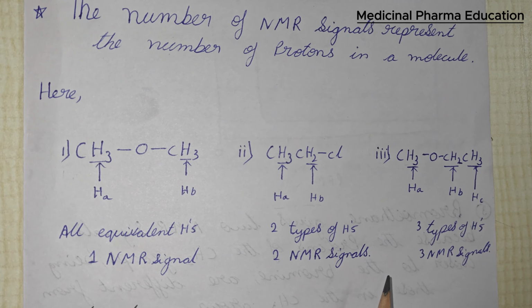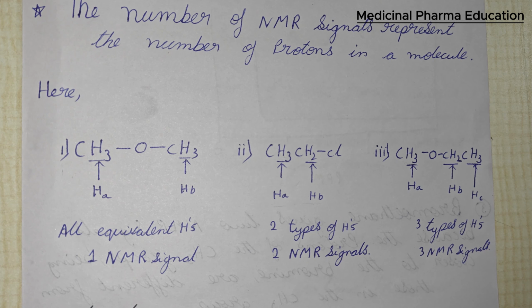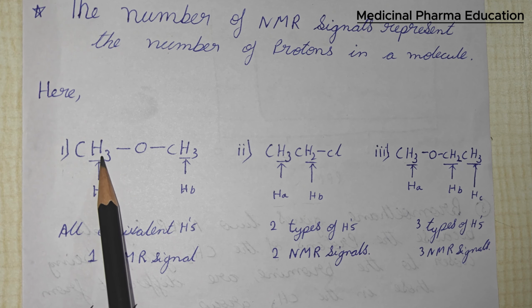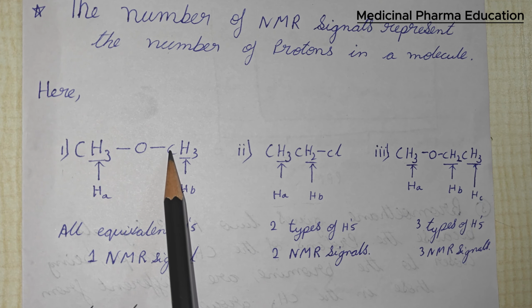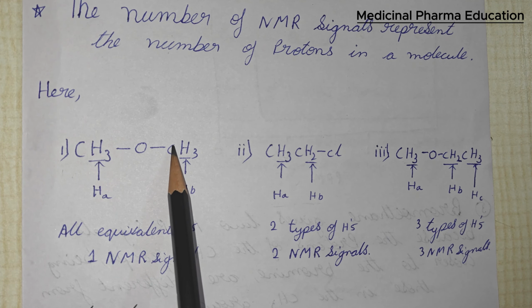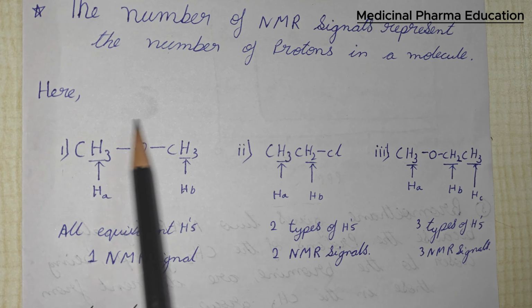Here we'll take some examples and discuss how the signals are emitted. Here there are 3 protons and here 3 protons, but see the surroundings. The signals are based upon the surroundings and environment of the protons. Here all are equivalent H's. Why do we say they are equivalent? Because here we have 3 hydrogens attached to a carbon, and here also we have 3 hydrogens attached to a carbon, and this carbon is attached to oxygen.